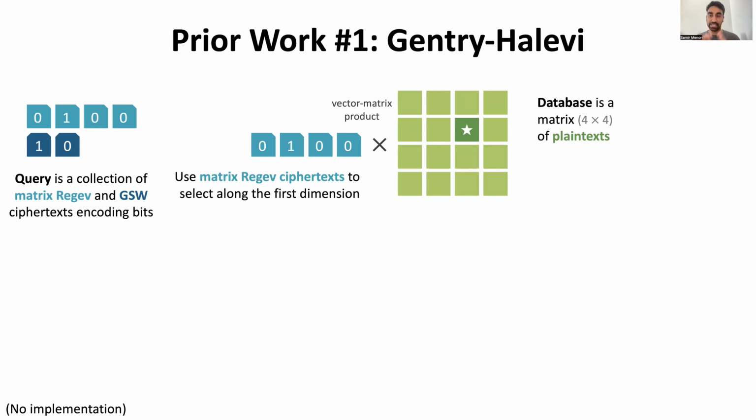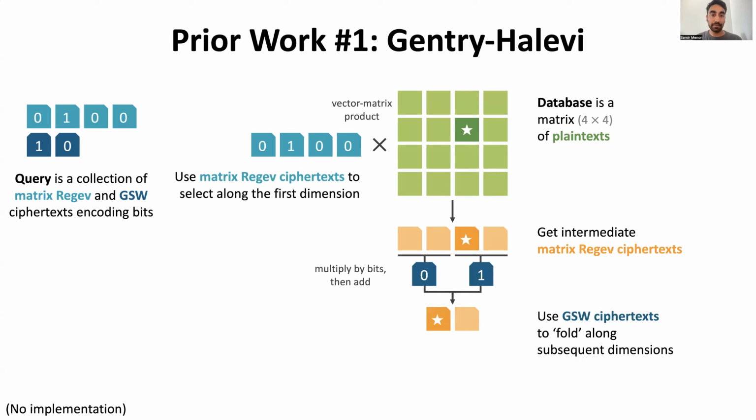That's just scalar multiplication, so it's okay with Regev ciphertext. And we'll get as output that target row that we were aiming for. This operation is very fast because the matrix Regev ciphertext multiplication supports fast homomorphisms.